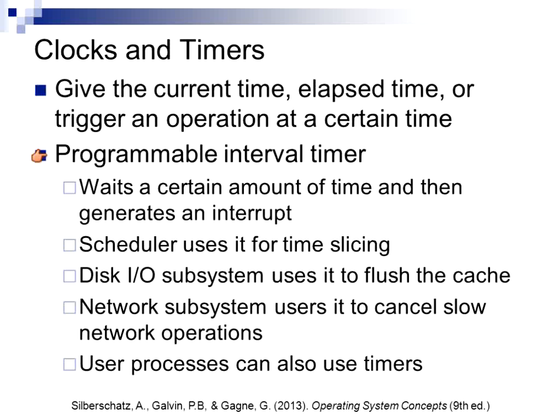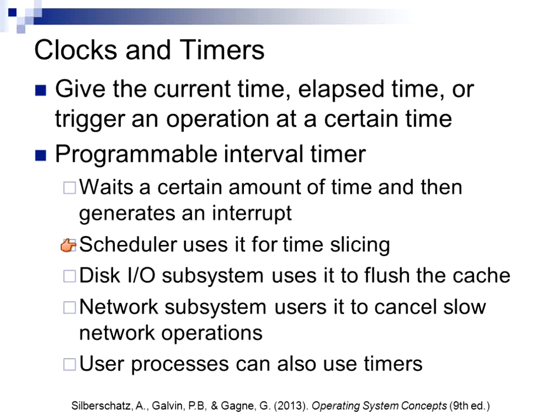We have a programmable interval timer in our computer, and the CPU uses that when it does time slicing. Remember, it's going to give each process a different amount of time and just keep going in a round robin to all the different processes, letting them use the CPU for that amount of time.